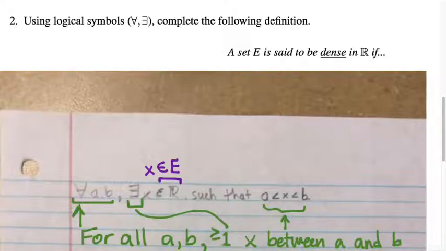But the fact is that in the definition that we want, the X should come from the set E, and the A and B need to be arbitrary elements of the reals. So since they're coming from different sets, we really should specify that separately.